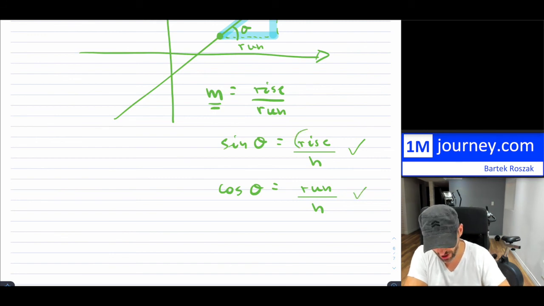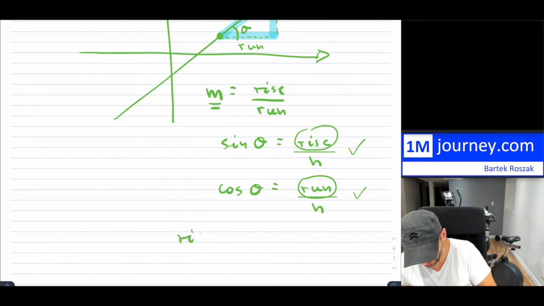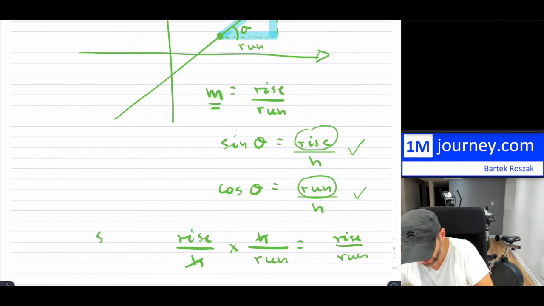Here is your rise, here is your run, and you can divide them by each other. So if you divide them, you're going to get rise over H. Now division means multiplication by the reciprocal. The H's will cancel. And notice you get your rise over run, which is sine theta over cos theta.